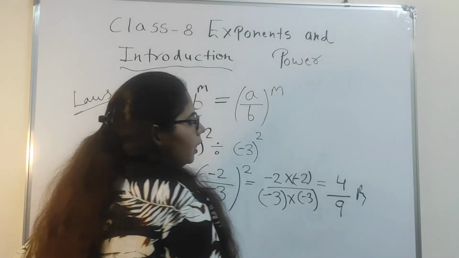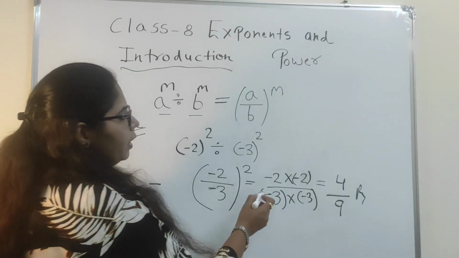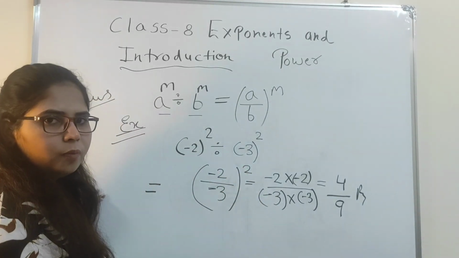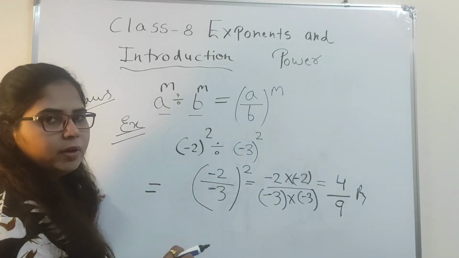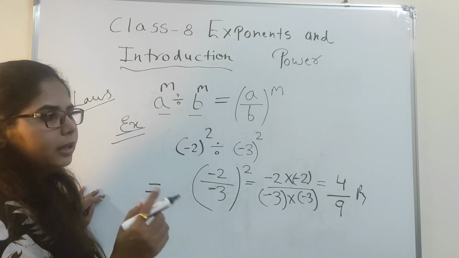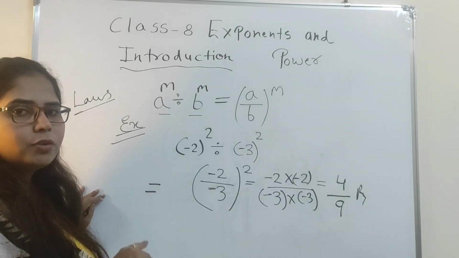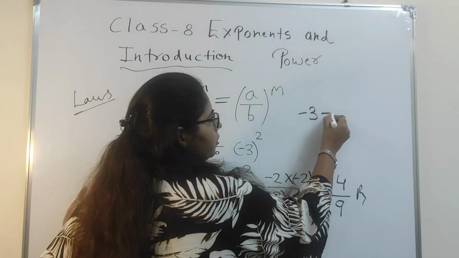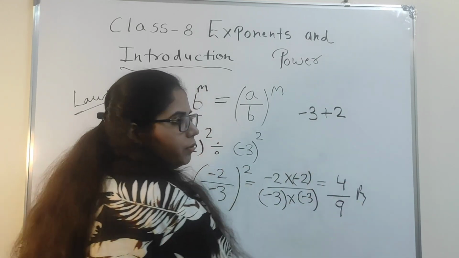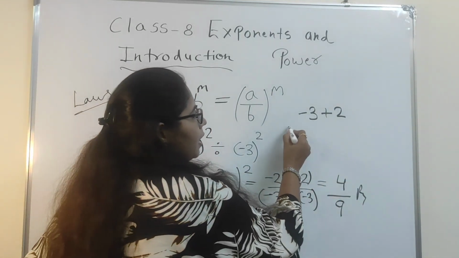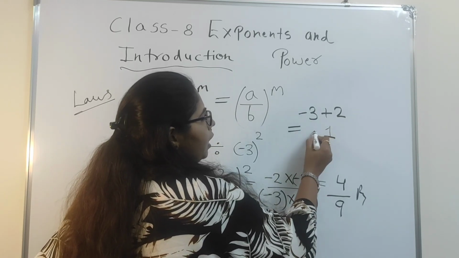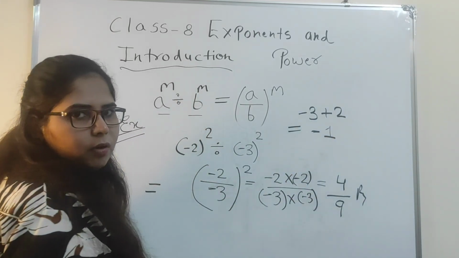Okay, don't forget, whenever we are multiplying, minus minus will give you a positive sign, but whenever we are adding or subtracting, that time we have to check which number is big. Suppose minus 3 plus 2. Here addition and subtraction is there. So plus minus will give you 1. But which sign will it be? Minus 1.